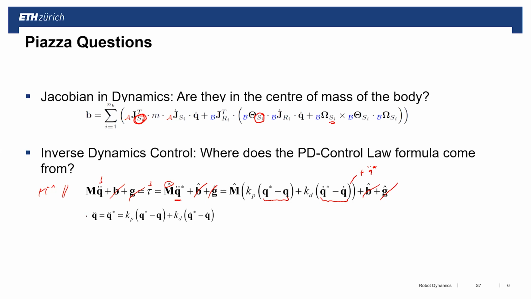So we end up with my actual acceleration being the planned acceleration plus a feedback law on the error. And that is essentially the oscillator of a single mass, a second-order system with unit mass, where we define the stiffness and damping through Kp and Kd.